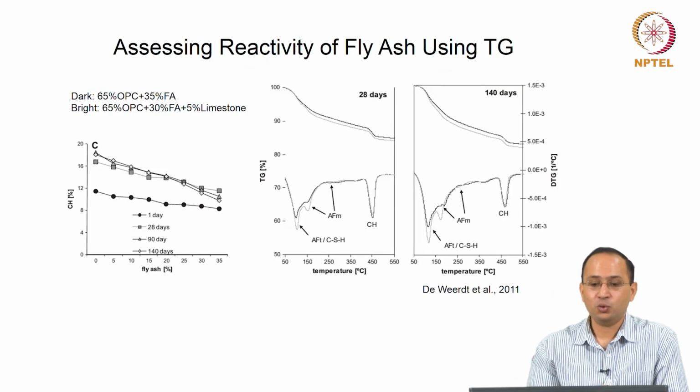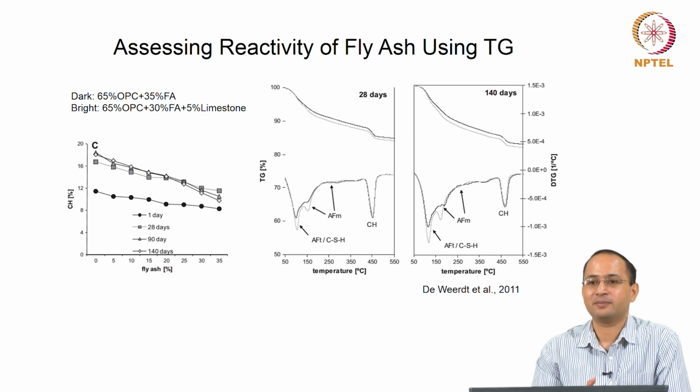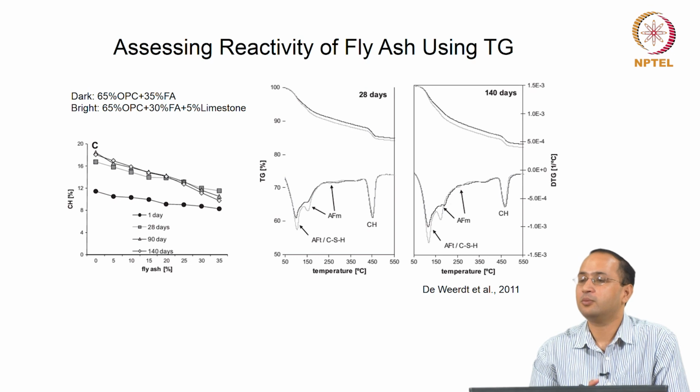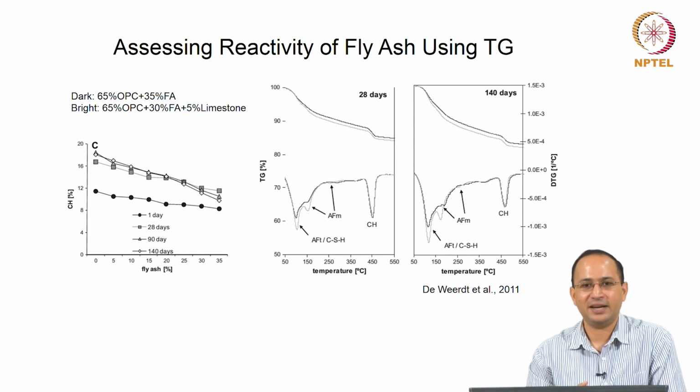Also we can use it to assess the reactivity of fly ash. We use fly ash, and why do we use fly ash in concrete? Yeah, we replace cement. Why? It is because fly ash is pozzolanic. Pozzolanic means it reacts with calcium hydroxide and forms calcium silicate hydrate.